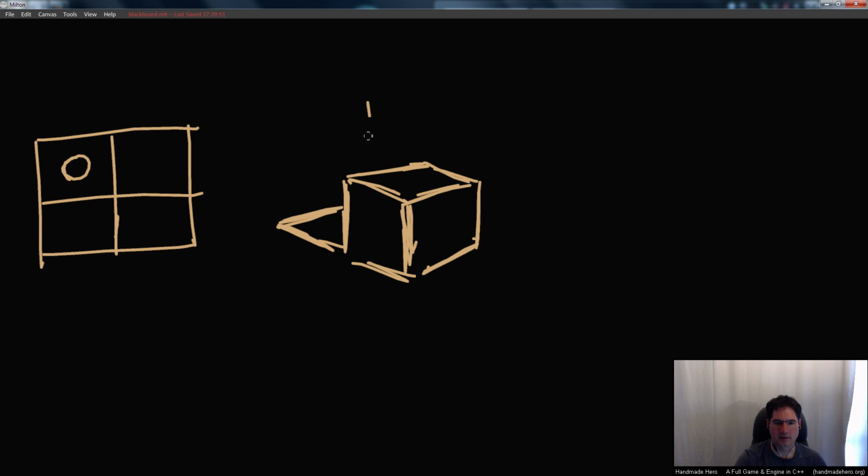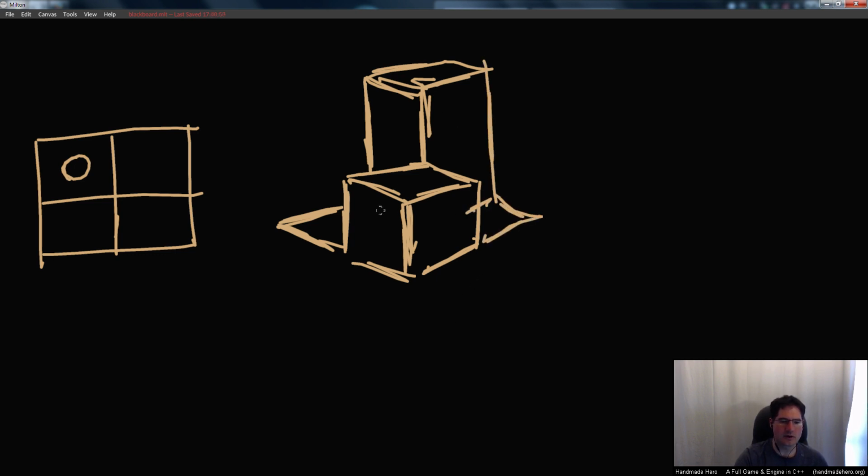Right? And maybe there's a very tall one here, and it goes down to a very short one here. So, if we were to look at this from here, and the hero is kind of standing back in here.